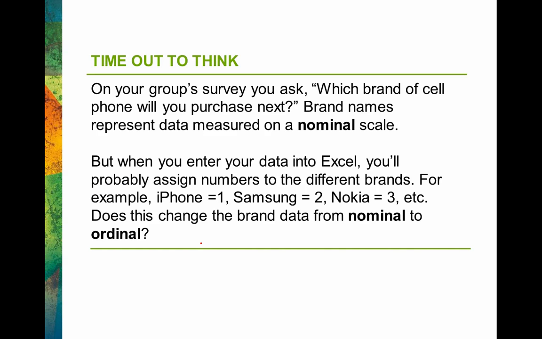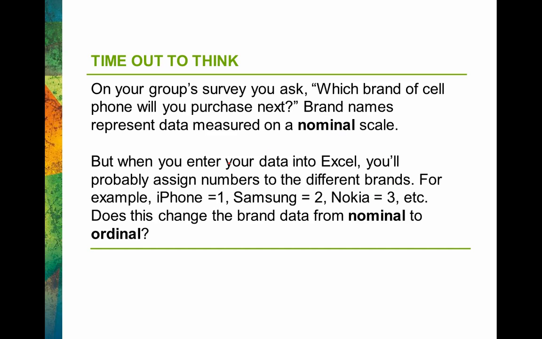All right, as we wind down, there is an interesting section of the book in the Time Out to Think section that talked about an interesting little quandary that you'll probably be in. Let's just imagine this. On your group survey, you ask, which brand of cell phone will you purchase next? And we already know that brand names of cell phones would represent data measured on a nominal scale. Now let's say that this happens.